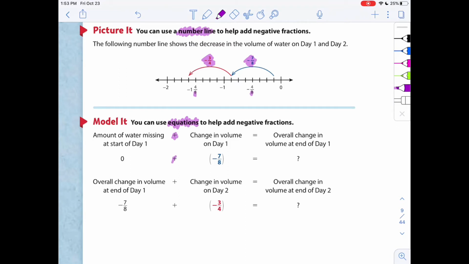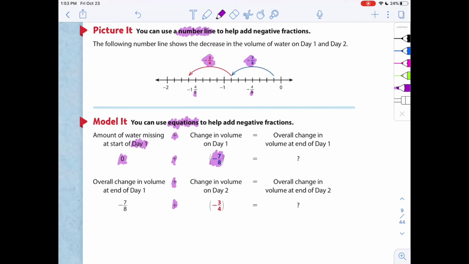So that's why you're going to see these addition signs. We start with the amount of water on day 1. Day 1, the bird bath starts with no water. Then the problem says it decreases by negative 7/8. So that 7/8 is negative because it's decreasing.